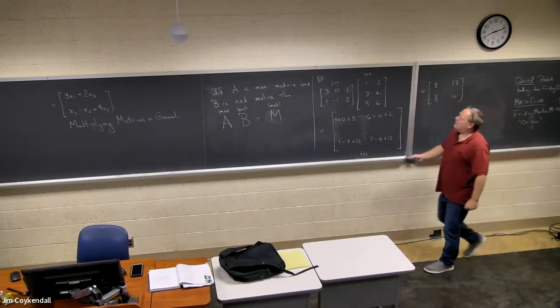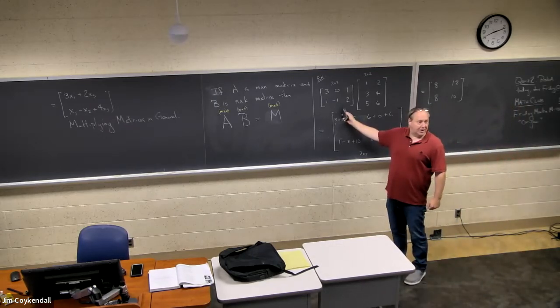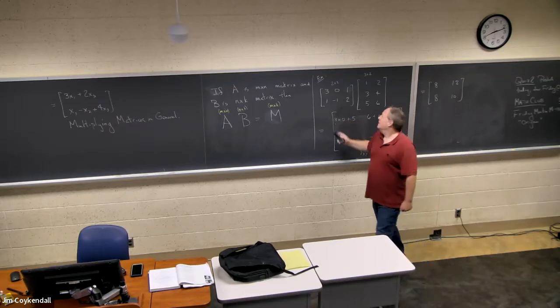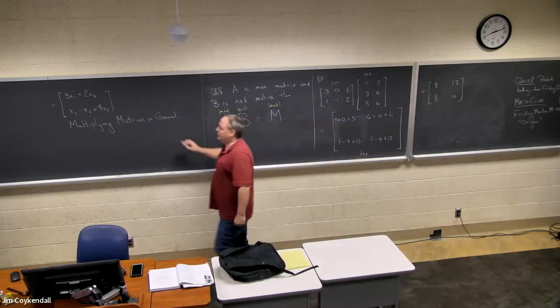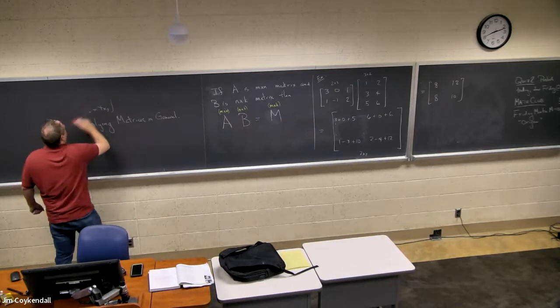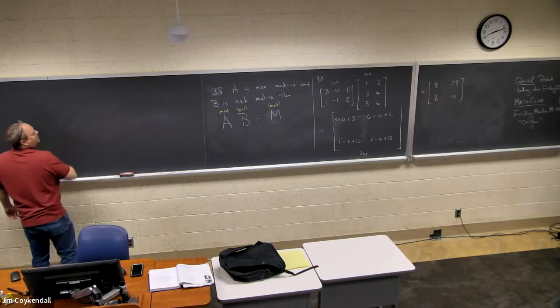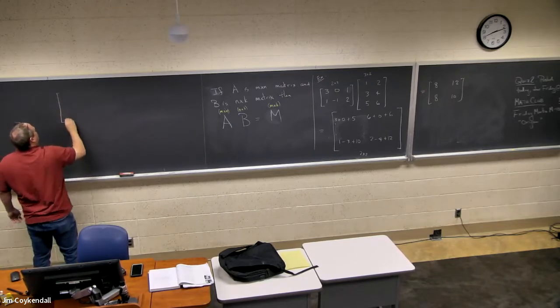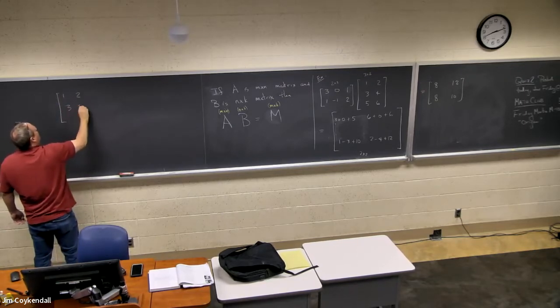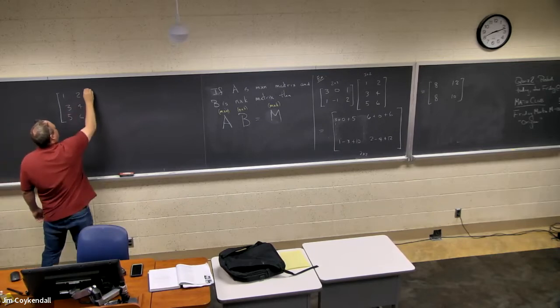Let's do one more. Actually, for this particular example, you can do it in the other order, can't you? Because you can multiply 3 by 2. So let's do that. Let's do it in the order 1, 2, 3, 4, 5, 6.